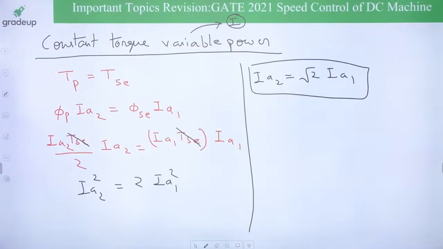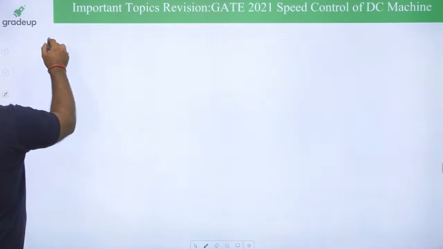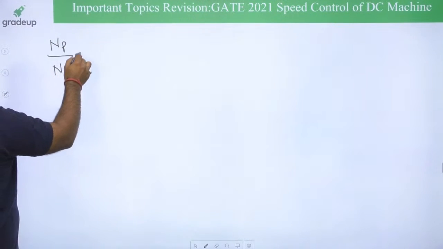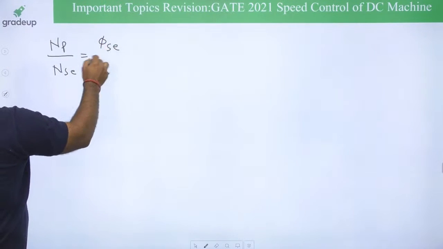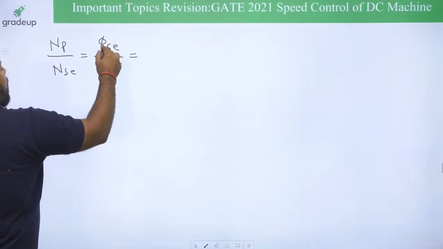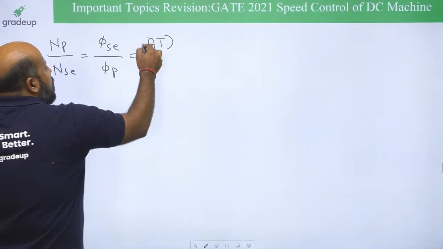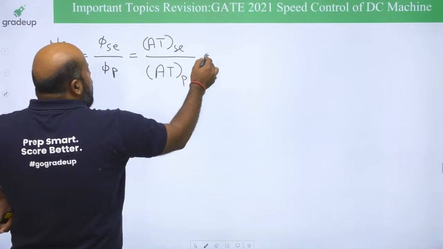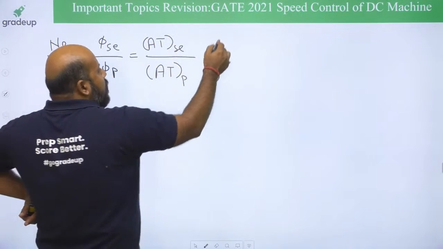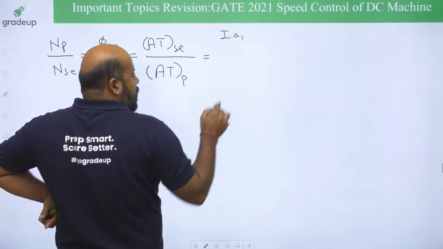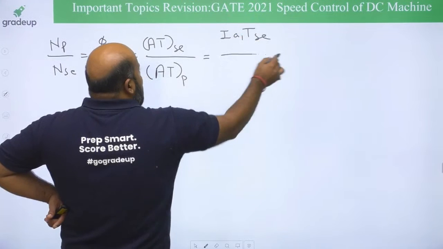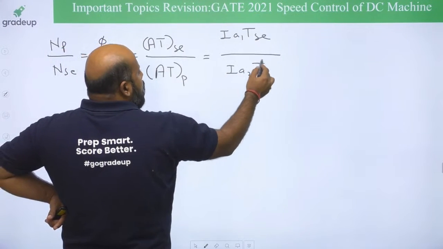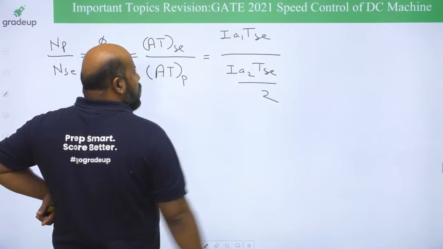Now again, if you want to compare the speed for the parallel combination and the series combination, again it is going to be phi series, phi parallel. It is going to be ampere turns for the series combination, ampere turns for the parallel combination. What is the ampere turns for the series combination? It is I_A1 T_SE. And what is ampere turns for the parallel combination? It is I_A2 T_SE by 2.